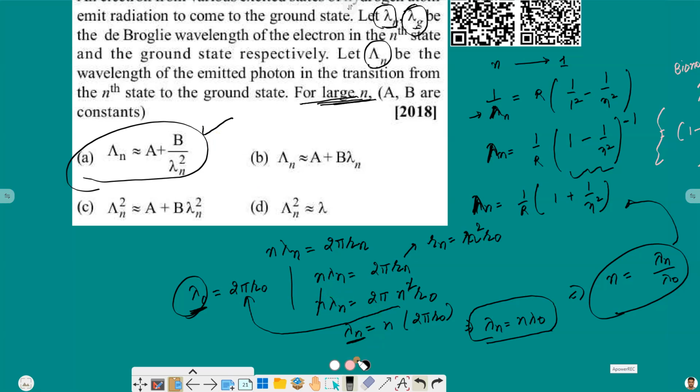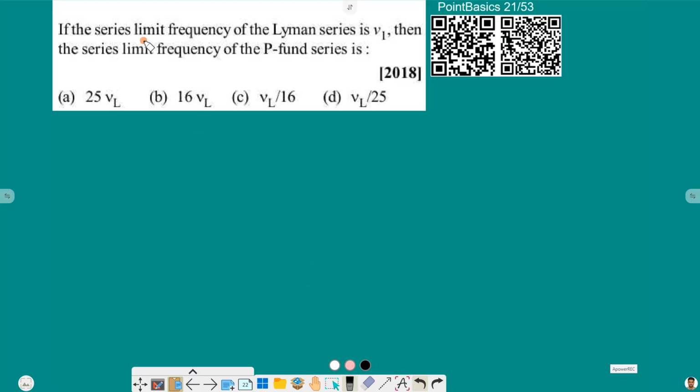Now let us move ahead. If the series limit frequency of the Lyman series is V1, then the series limit frequency of the Pfund series is? Now, what does this series limit mean? This series limit frequency means the highest frequency. And in this formula for finding the wavelength, we have the highest frequency when n2 is equal to infinity, meaning we have the highest gap, highest energy and highest frequency.